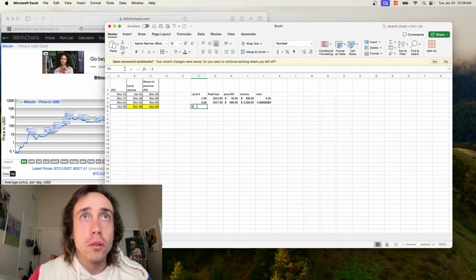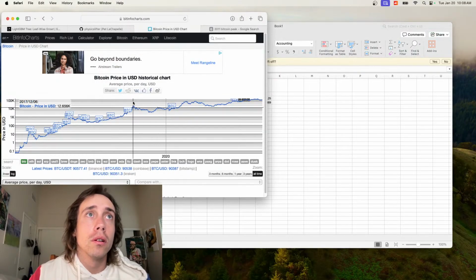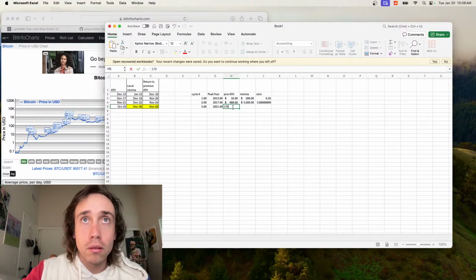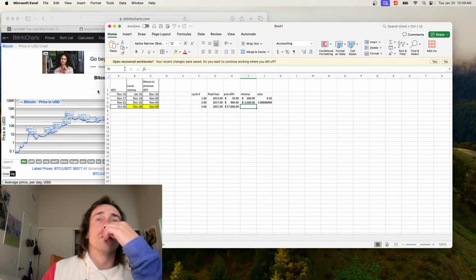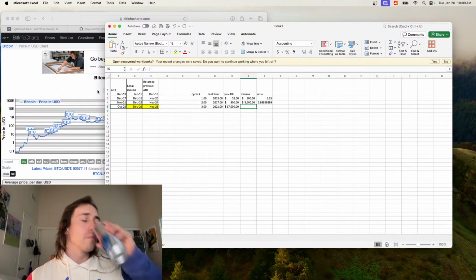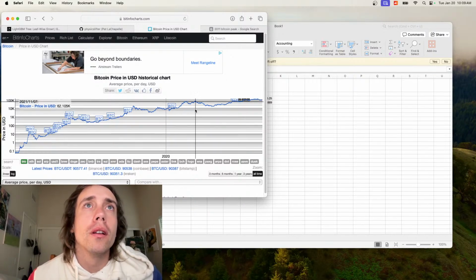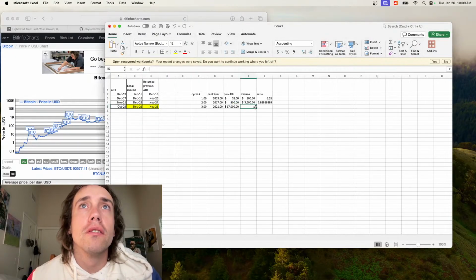3.8. Cycle 3, the 2021 peak. The previous all-time high was 17,000. And the minima after 2021, I'm pretty sure it was like 17K. Yeah, so it dropped to 16,500.